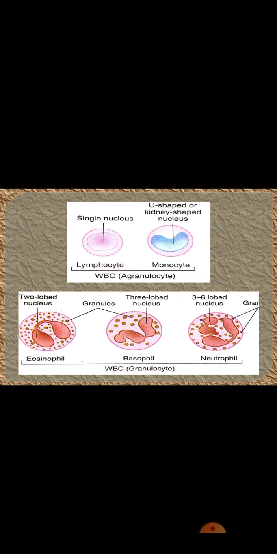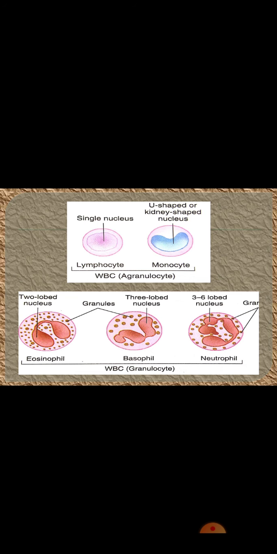These granules are stained with acidic dyes such as eosin, and therefore they are called eosinophils or acidophils. The granules contain toxic chemicals which kill large parasites, destroy bacterial toxins and promote tissue inflammation.